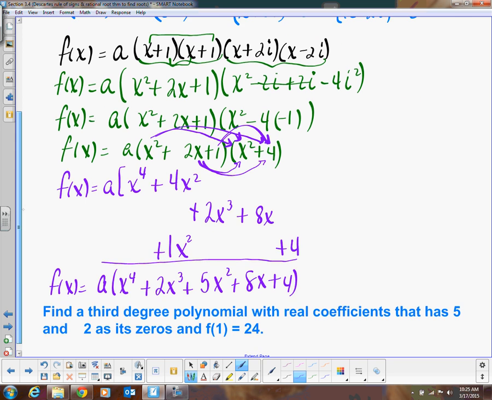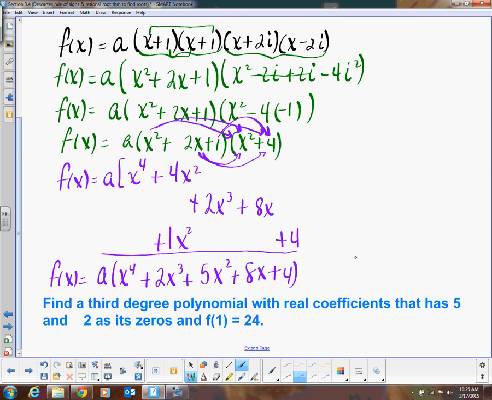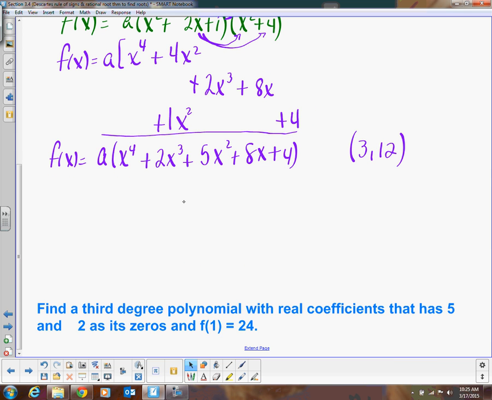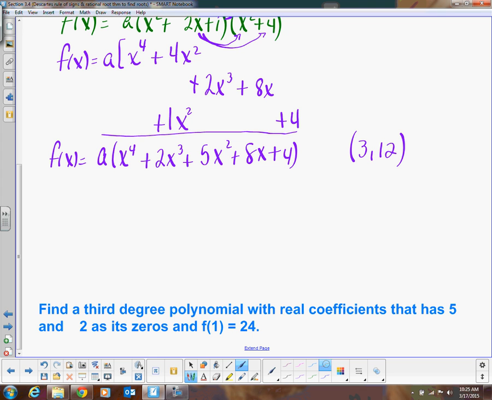What was our ordered pair? 3, 12. How do we find our a? We put 12 in for y, and this is going to be a times 3 to the 4th plus 2 times 3 to the 3rd plus 5 times 3 squared.